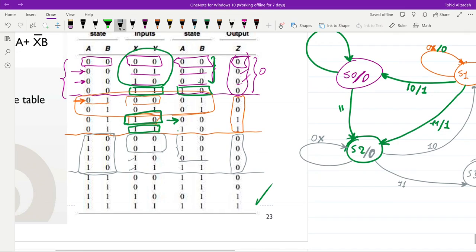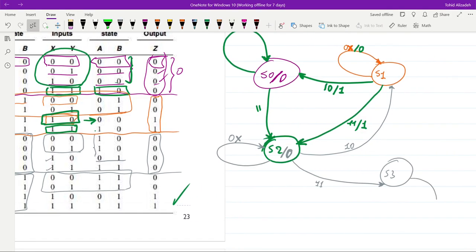And finally, if you look at the last 4 rows, when we are in state 1, 1, for the first 2 rows, 0, 0 and 0, 1 as the input, we will remain at the same state. For 0x, we will remain at the same state and the output is equal to 0.